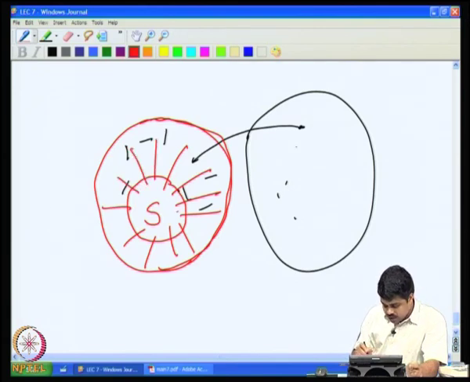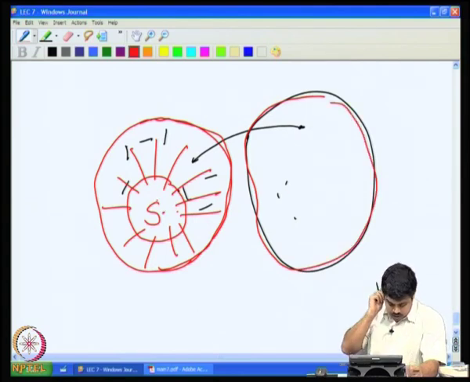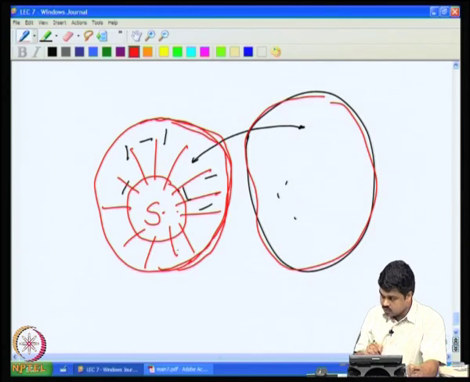Of course, this won't dominate all the vertices here, because if it dominated all the vertices here also, then S itself would be a dominating set smaller than this one, which would be a contradiction to the assumption that this is a minimum dominating set. Unless S itself is equal to this, which means whatever we are looking for we already got. We only wanted to demonstrate an independent dominating set.